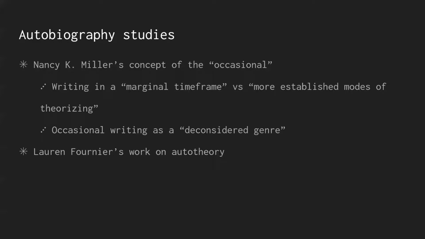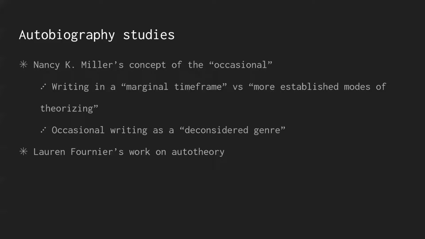So in thinking about this, humanities scholars can also help to illuminate this. I'm thinking specifically of a couple of researchers whose writings I've come to, to learn more about this and to learn more about autobiography studies. One of them is Nancy K. Miller, who is a literary theorist.